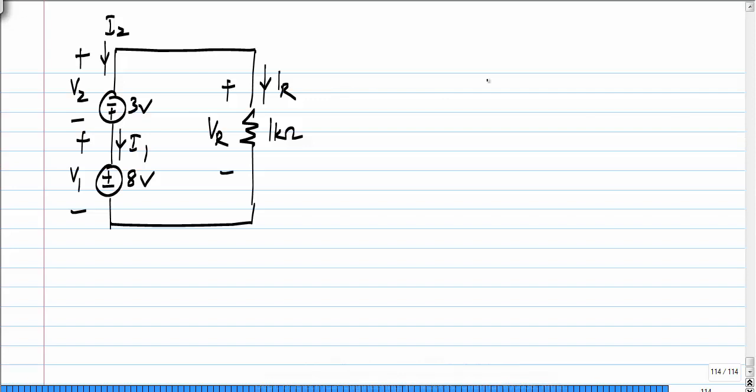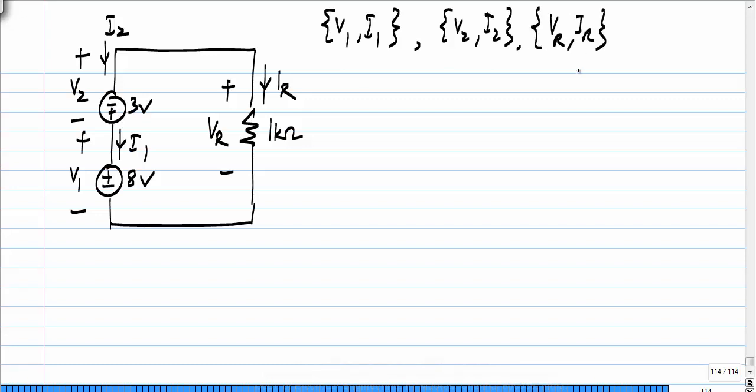So, V1 I1, V2 I2, VR IR, each of them has been chosen for the 2 voltage sources and the resistor, and consistent with the passive sign convention.